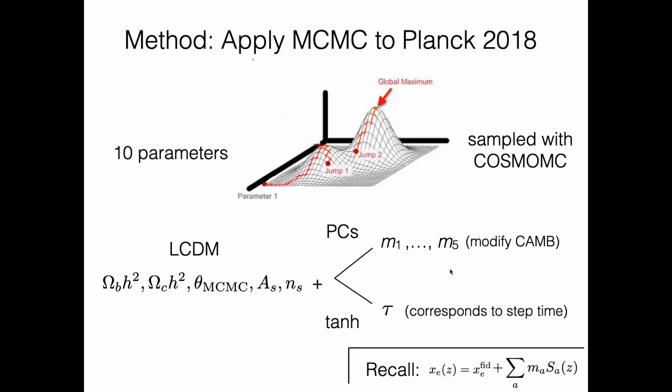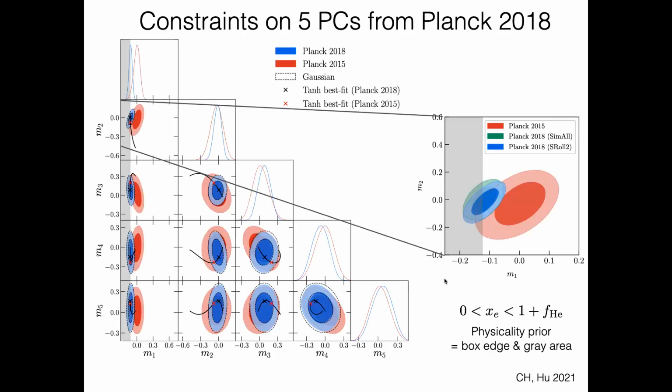So what we do is a constraint on the PC amplitudes themselves, the first 5 PC amplitudes that I show here. And after that, what we get is constraints on every single one of them, which we can then use to obtain constraints on individual models that you may be interested in, which is going to be absolutely physical.